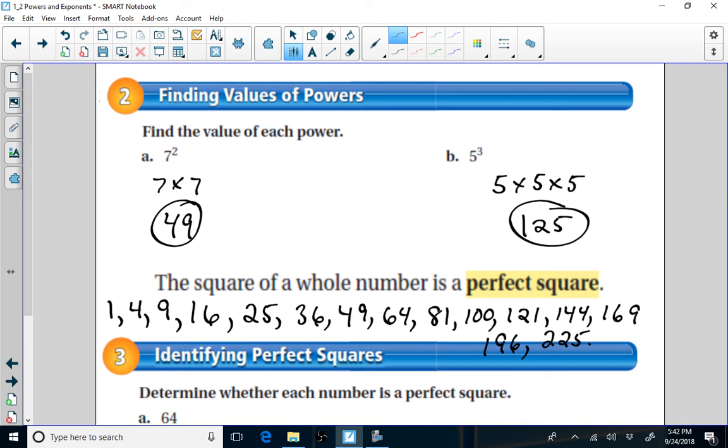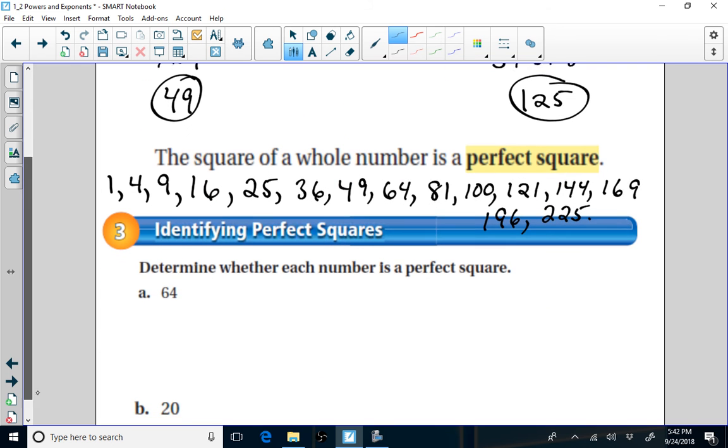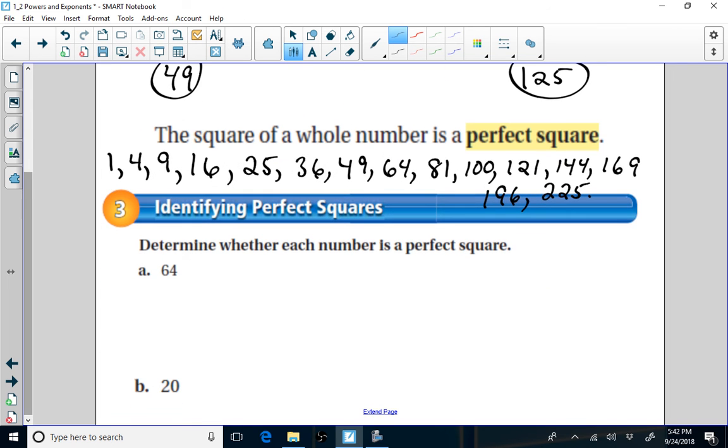You should probably know your first 15 perfect square numbers. That knowledge is going to come in handy very often throughout the year and throughout the remainder of your math classes through high school.